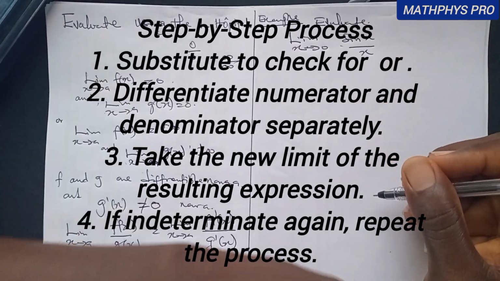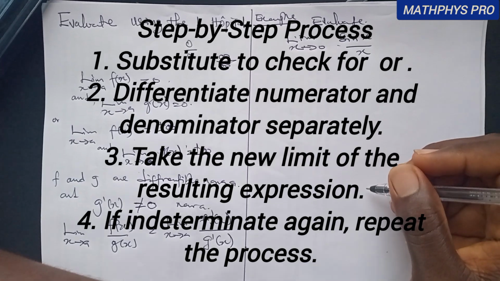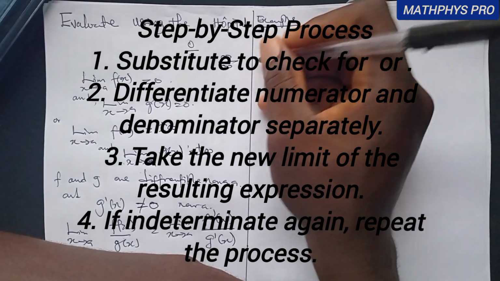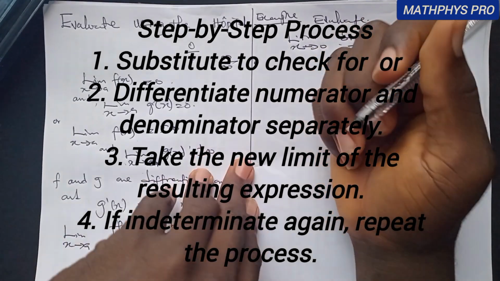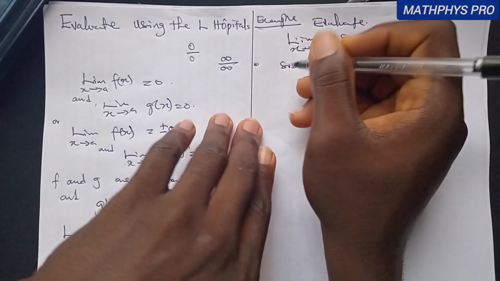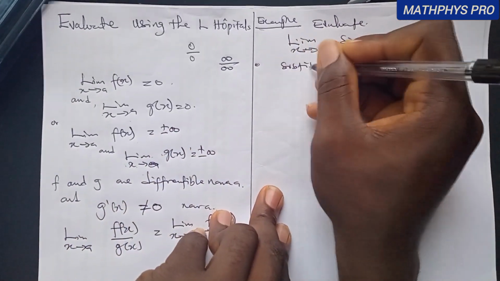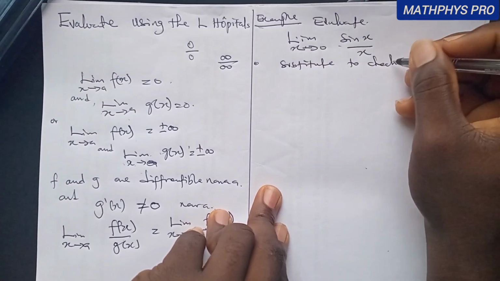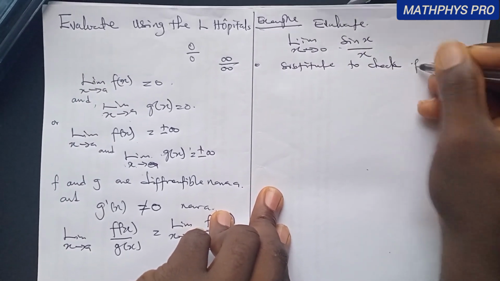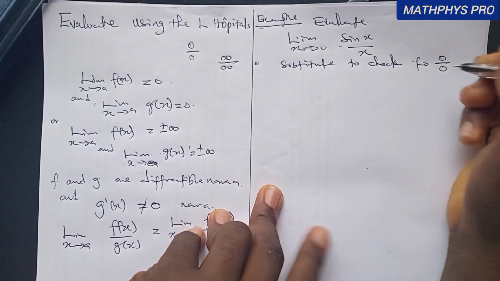Now the first step is to substitute to check for 0 over 0.